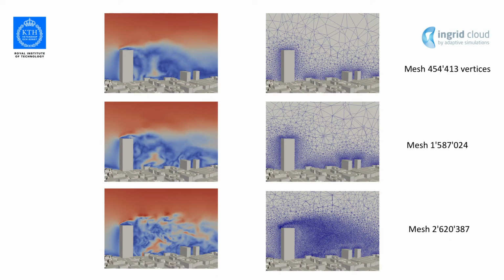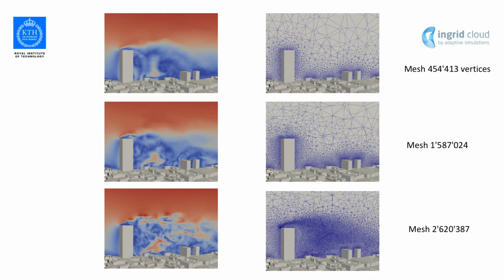This slide shows an illustration of how the mesh adaptivity algorithm refines the mesh. On the first row, you see the initial mesh and its velocity field to the left. This mesh has a size of about 500,000 vertices. Then we applied the algorithm I just described several times.